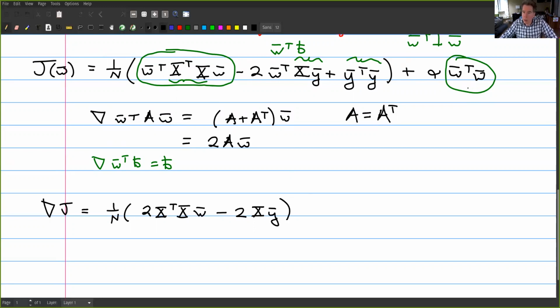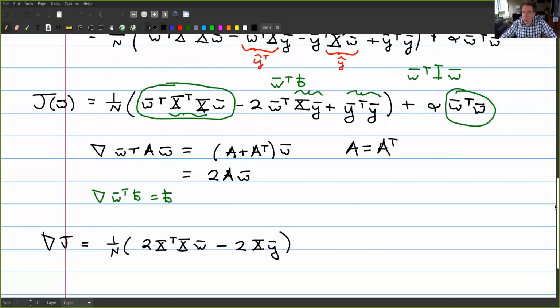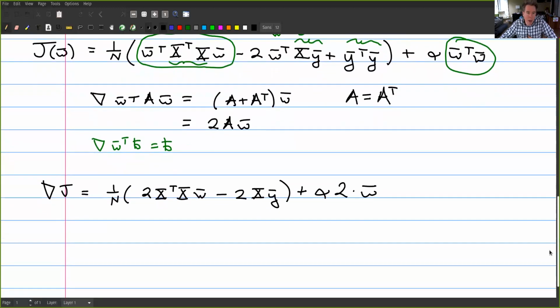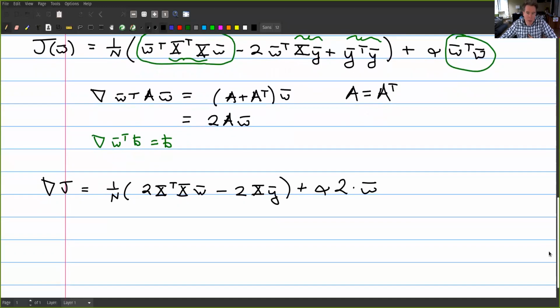For this part, we use the formula again, and this becomes alpha times 2 times W. Okay, and you can think of it as I times W, but it's the same thing as just W.